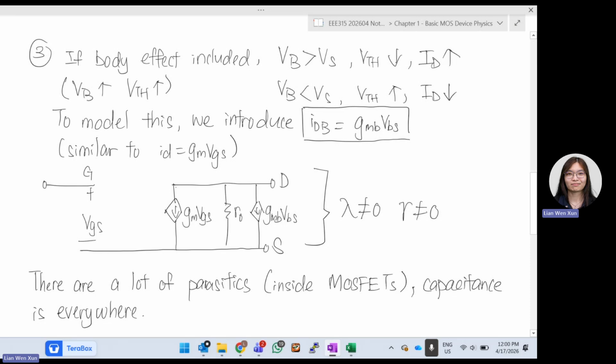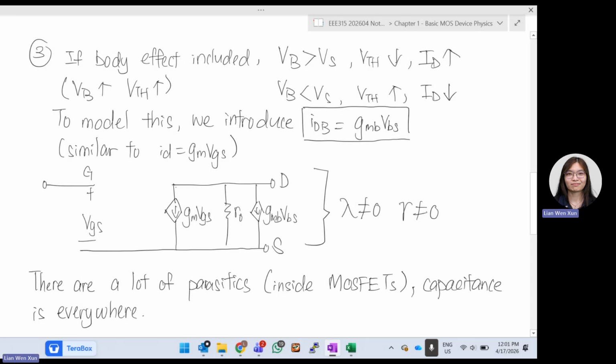And if body effect is also included, this might be complicated if we want to go through the equation, but we just need to know that if body voltage is more than source voltage, so VB more than 0, VTH drops. VTH drops.